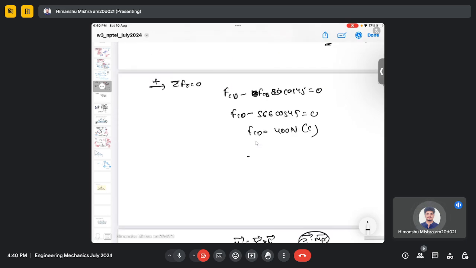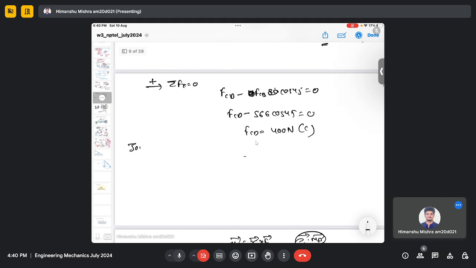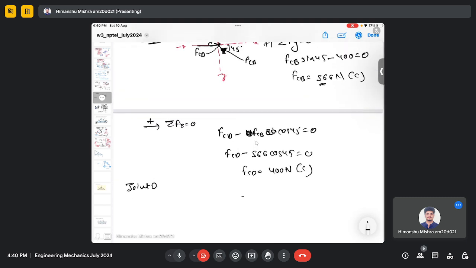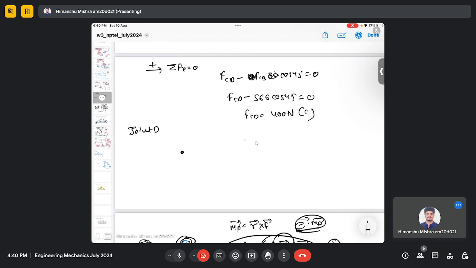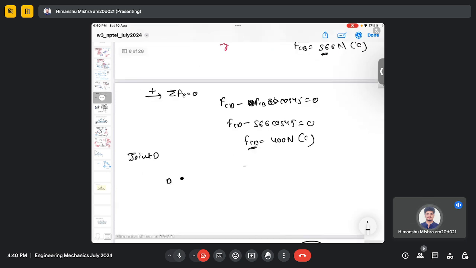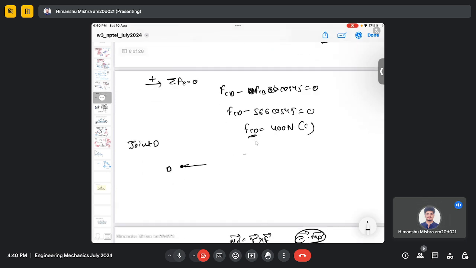Now consider joint D. This is D, and we saw that CD is compressive. So at joint D, the force CD is compressive, which means its direction is towards the joint.